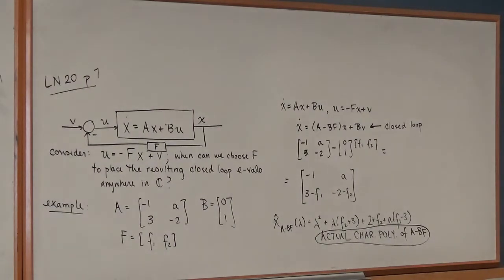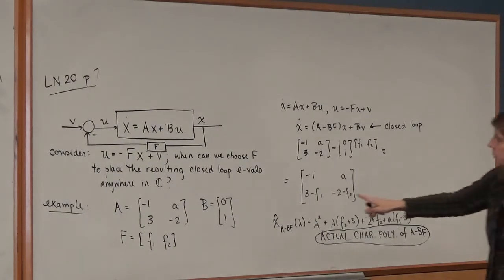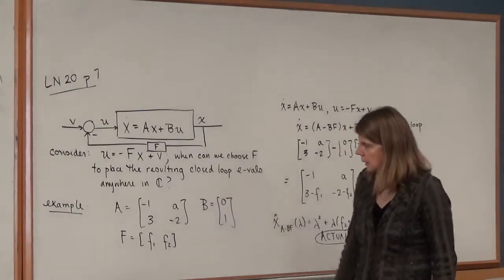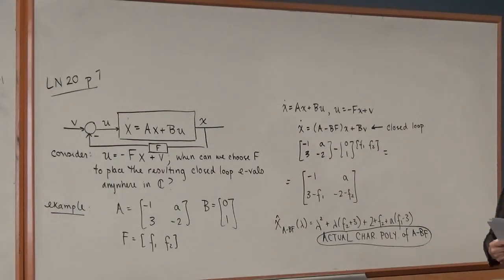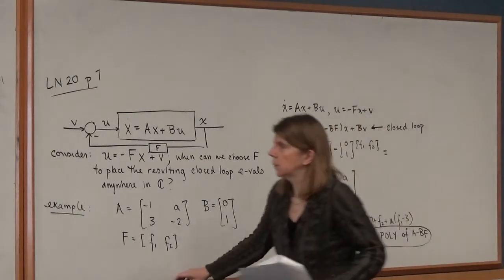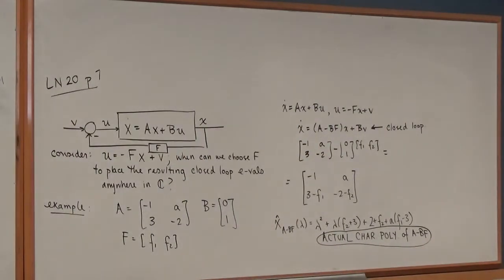All right, now I'm going to look at a subset of this question. Instead of asking, can I put them anywhere in the complex plane, I'm going to ask, can I place them at some desired values that I choose? All right, so I'm going to ask now, can I place those closed loop eigenvalues using F1 and F2?